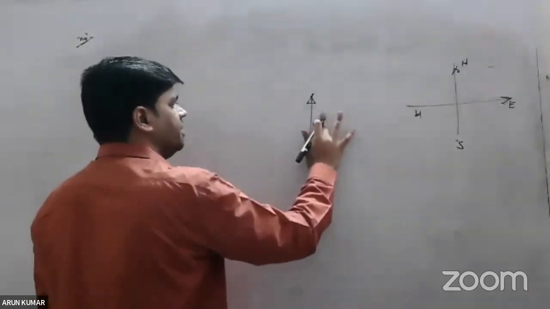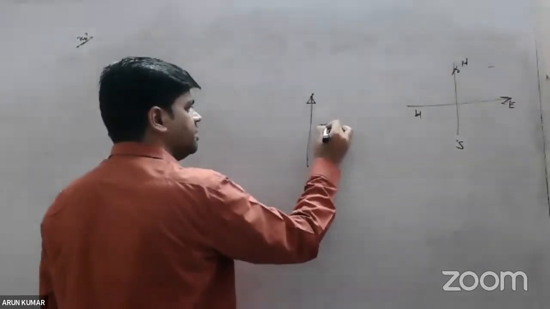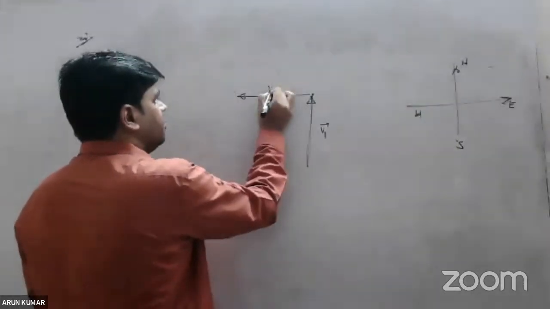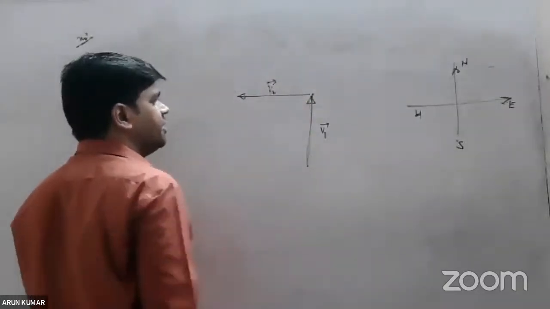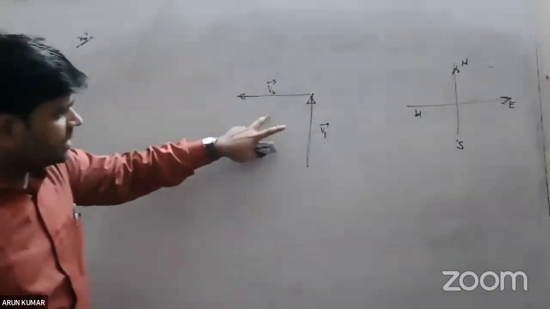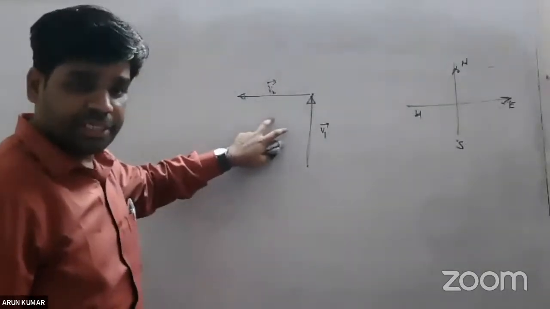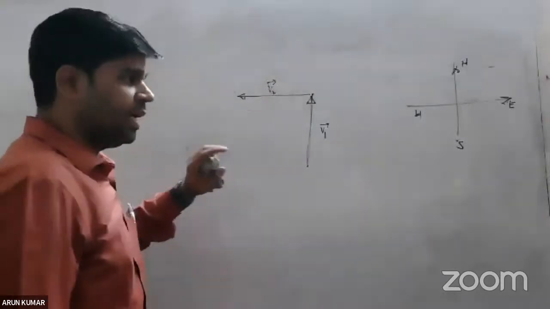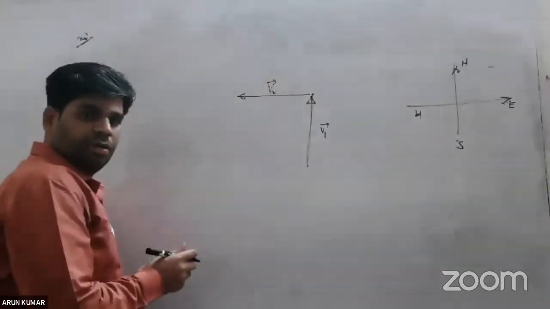Then it took a turn towards west with the same speed, v2 is 20. Both the lengths are the same because their speeds are the same.